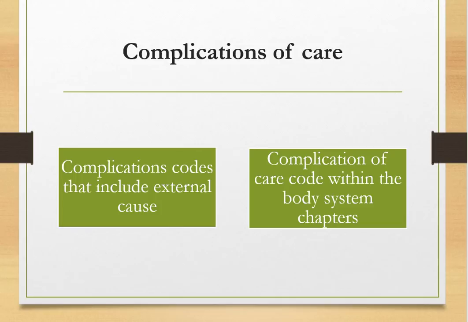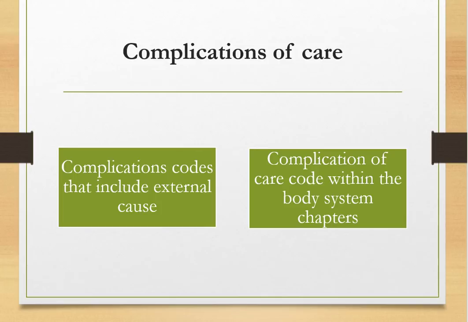Last guideline: intraoperative and post-procedural complications. Those codes are actually found within the body system chapters with codes specific to the organs and structures of that body system. So if a patient has a complication, intraprocedural or post-procedural, related to a cardiac device, those codes are found at the end of the cardiovascular system.